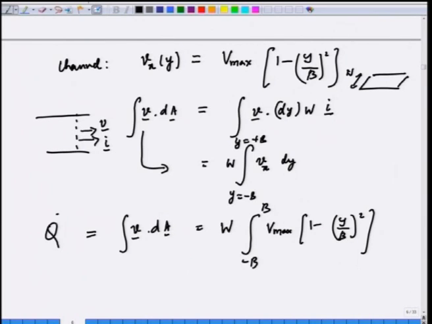This is nothing but the volumetric flow rate in the channel. If you want to calculate the volumetric flow rate, this is how one calculates it.